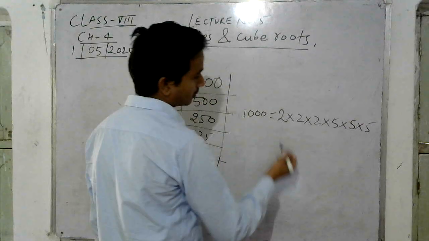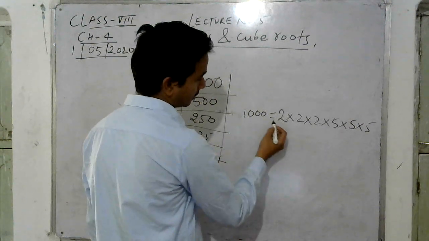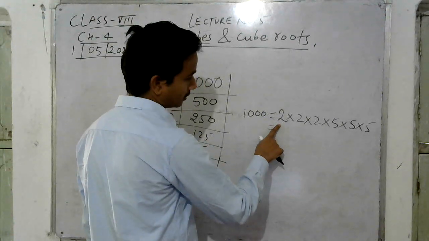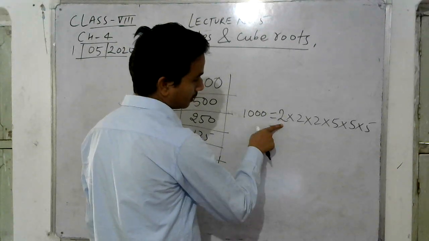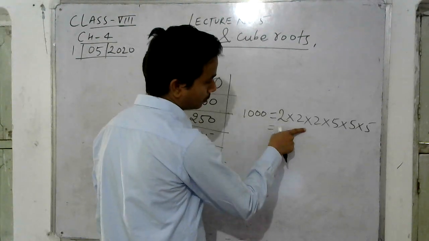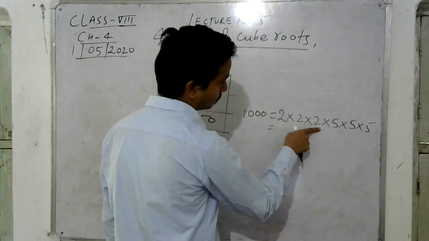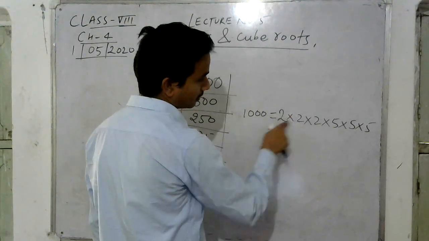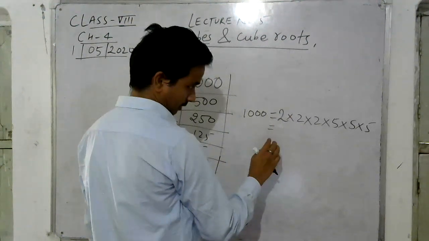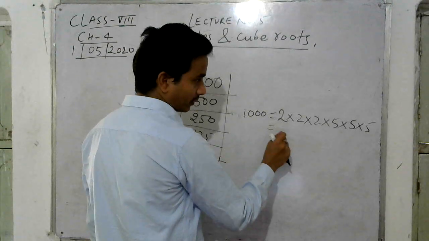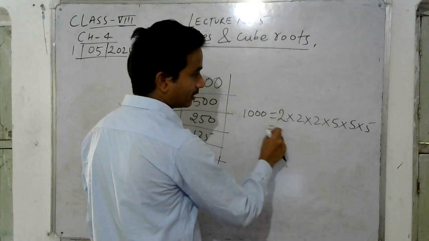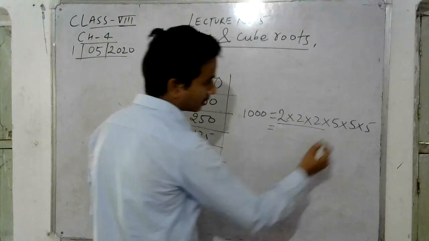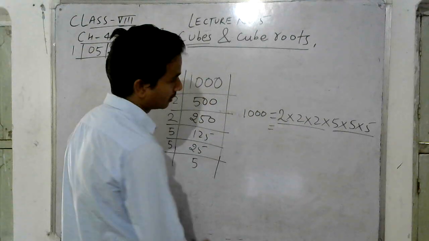So here we can observe that every factor 2 is multiplied with 2 is multiplied with 2. How many times? 3 times. Every factor is multiplied with itself 3 times. Just check whether every factor is multiplied 3 times or not. Yes, 2 is multiplied 3 times, and 5 is also multiplied together 3 times.